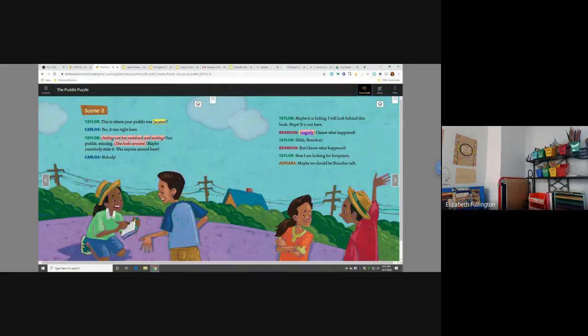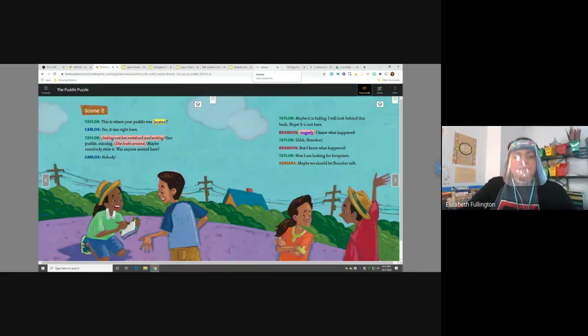I will look behind this bush. Nope, it is not here. Brandon, eagerly. I know what happened. Taylor, Brandon. Brandon, but I know what happened. Taylor, now I'm looking for footprints. Adriana, maybe we should let Brandon talk.